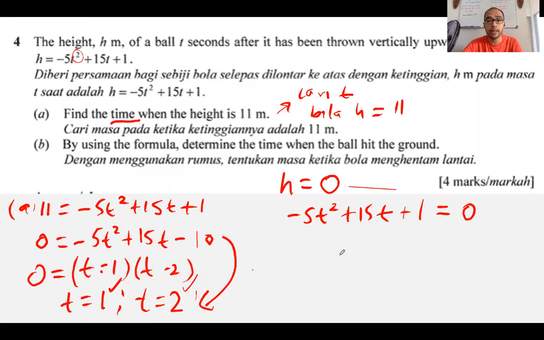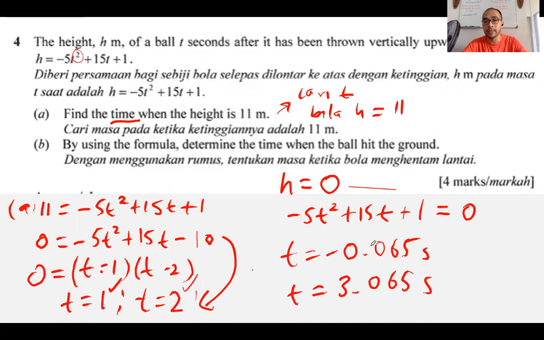So you will get the strange answer: t equals to negative 0.065 seconds, or t equals to 3.065 seconds.